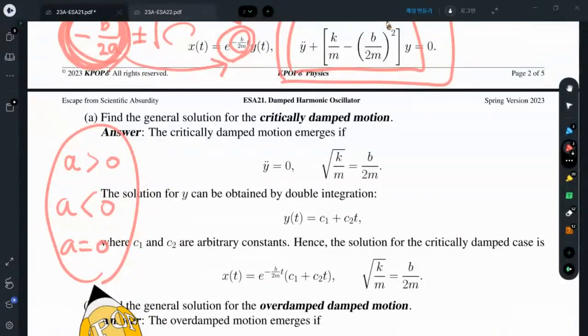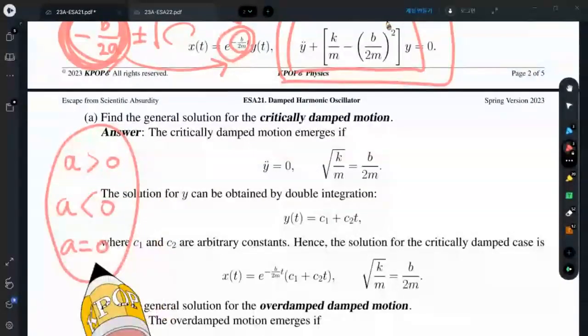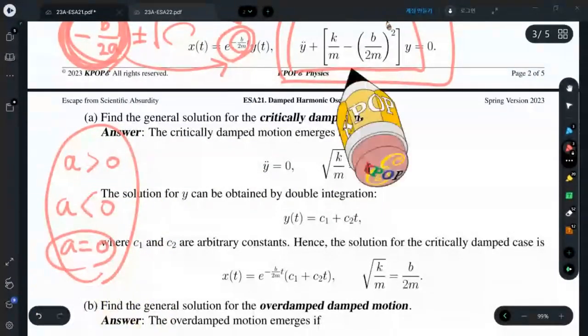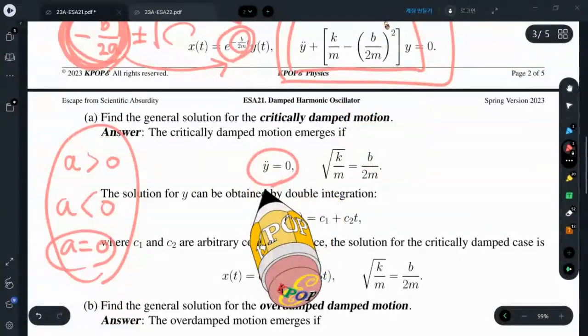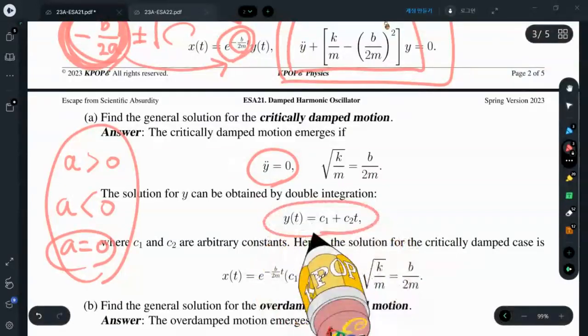A real number is always classified into order and positive, negative, and zero. What about the simplest case? Zero. A high school student can solve this problem. The answer is this.